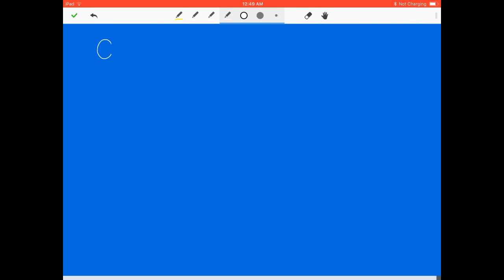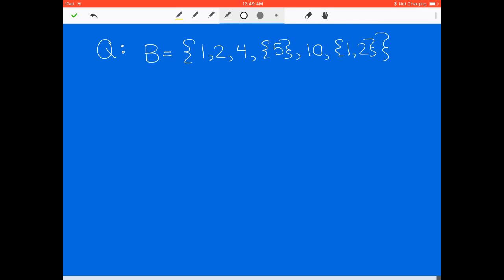Next question. So I have this set B, and it consists of 1, 2, 4, the set 5, 10, and the set 1 and 2. Which is a proper subset of set B? So here are your options.